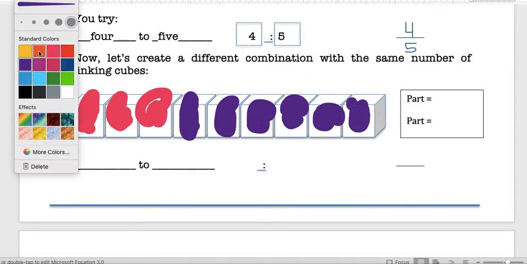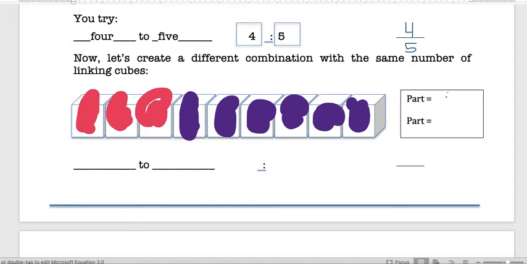So in this case, I've got 3 parts pink to 6 parts purple. So if I write in here pink, and these ones are my purple, with 3 and 6.